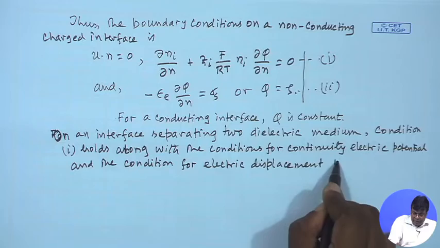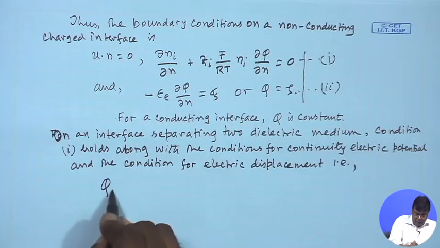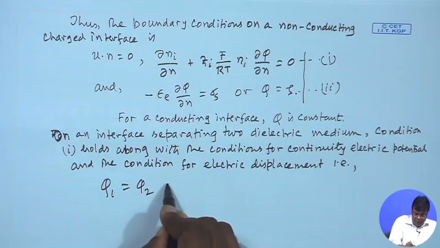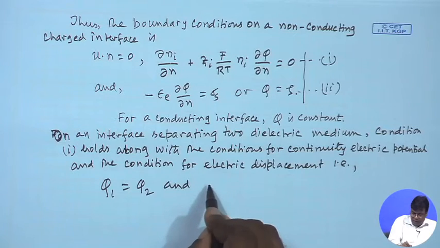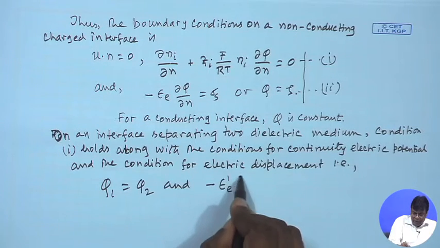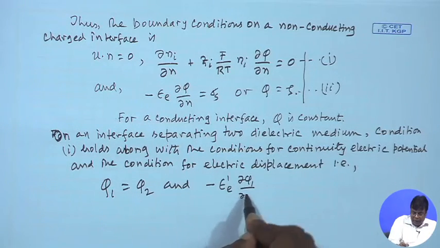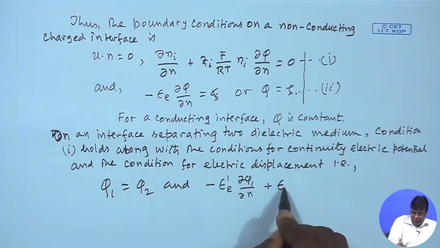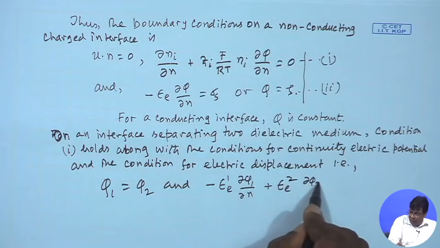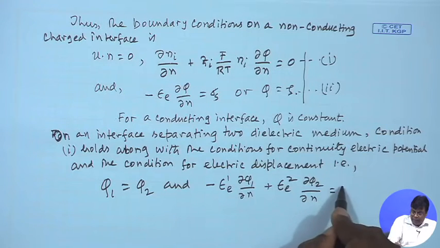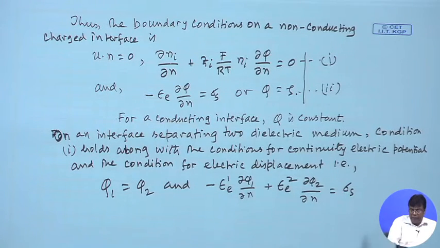In other words, on the interface you have phi 1 equal to phi 2 and minus epsilon E1 del phi 1 del n plus epsilon E2 del phi 2 del n equal to sigma s. If sigma s is 0, this is just the continuity of the electric displacement vector.